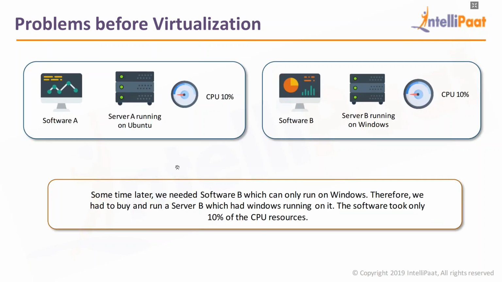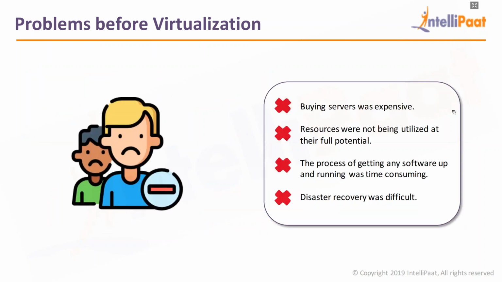If you wanted to run software B, you have to go and run server B, and again the utilization is 10%, 20%, or 30%. Again we are wasting 70%, maybe 80% or 90% of the resources, depending upon the usage. It is a huge loss for the company, buying a lot of physical servers while the utilization is not up to the mark.